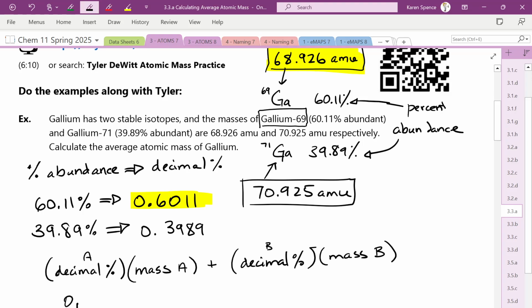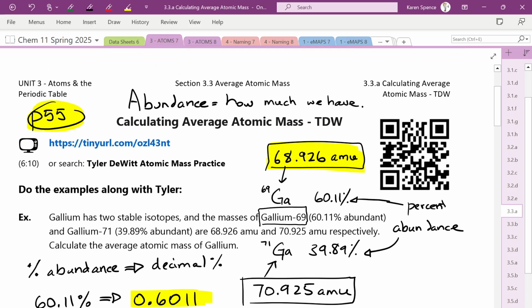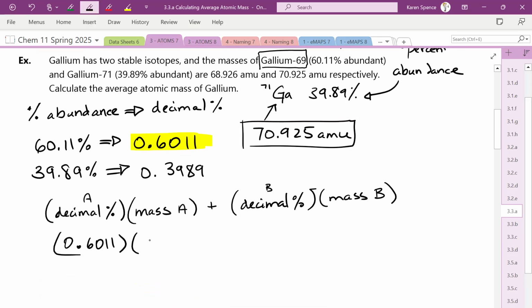So we're going to take 0.6011 times, what was that number again? 68.926. Should I write in the unit for the mass? Yes. What is the unit for that mass? AMU. What does AMU stand for? Atomic mass units. All right.